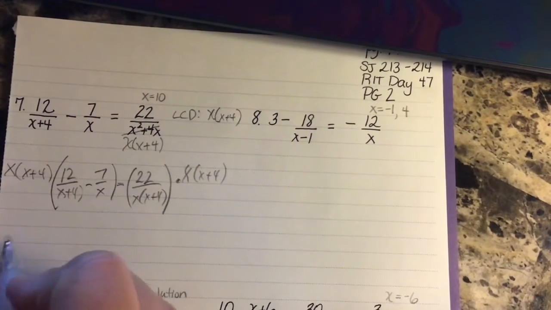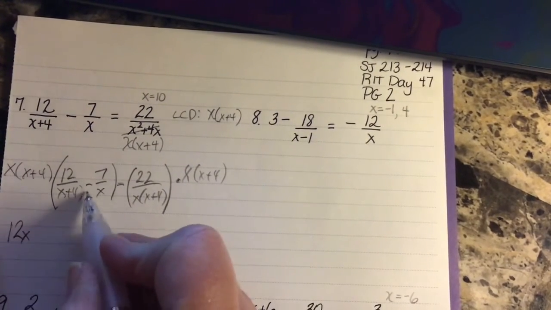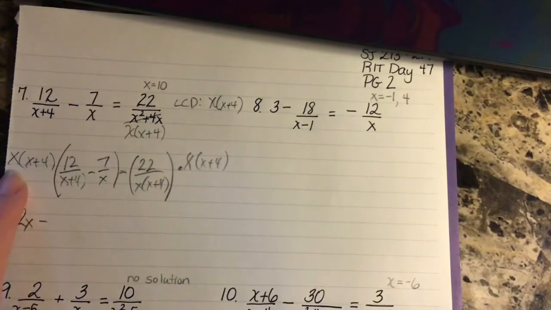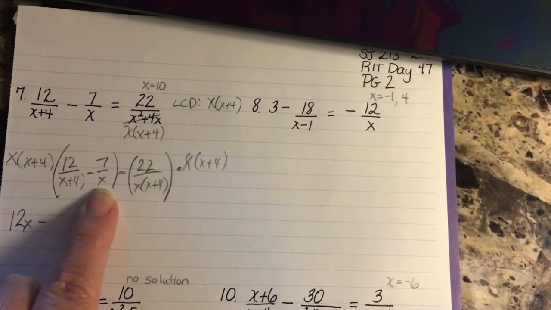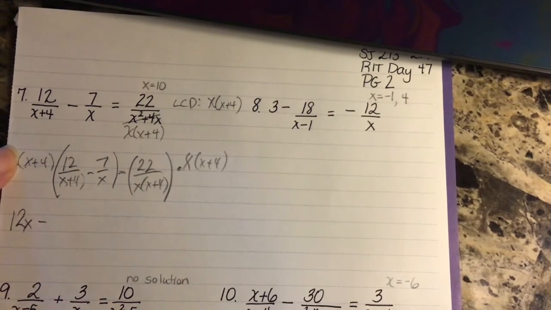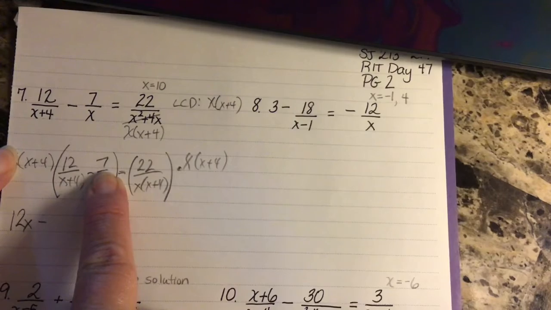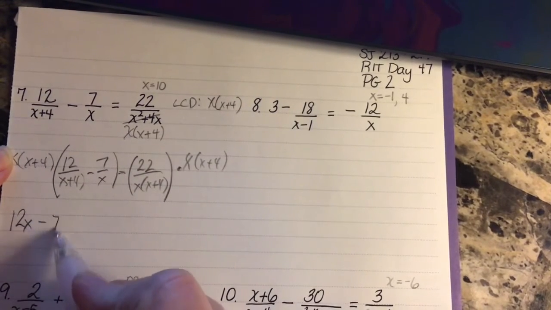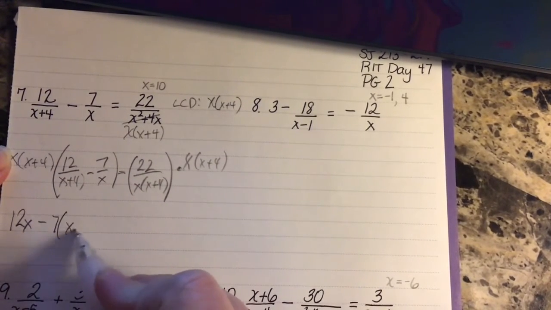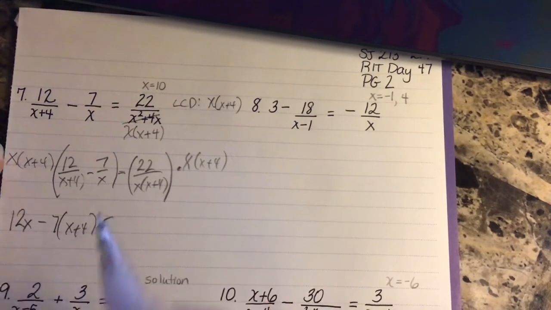So we can go straight to 12x minus, when I multiply or distribute this to this fraction, can I reduce anything? Yes, the x's will go away. So I'm left with minus 7 times the quantity x plus 4. Put my equal sign.